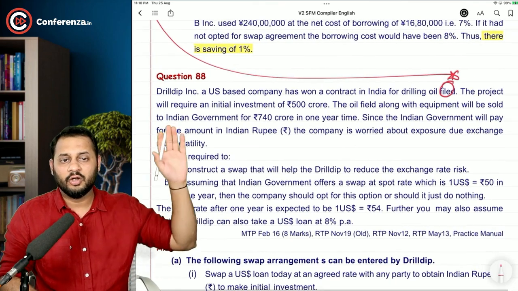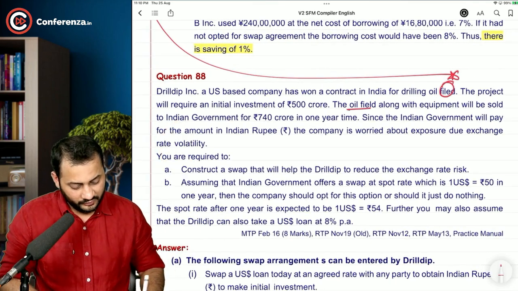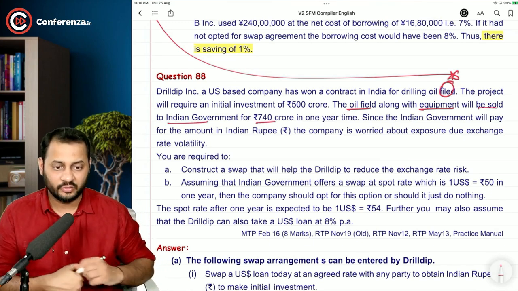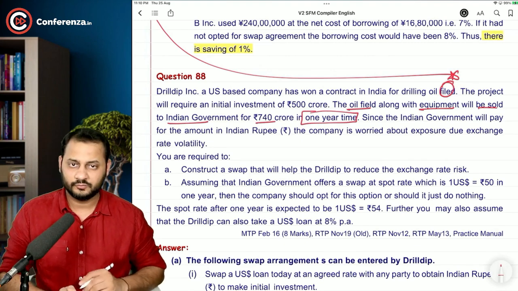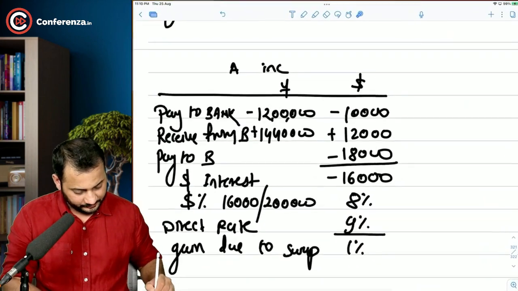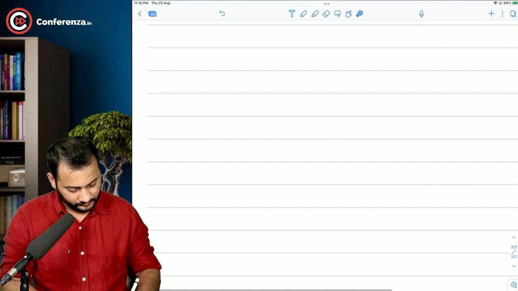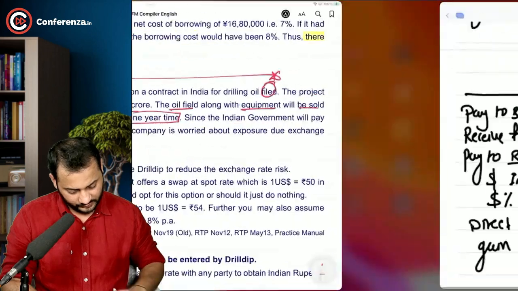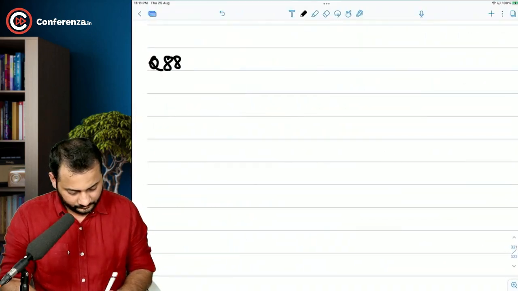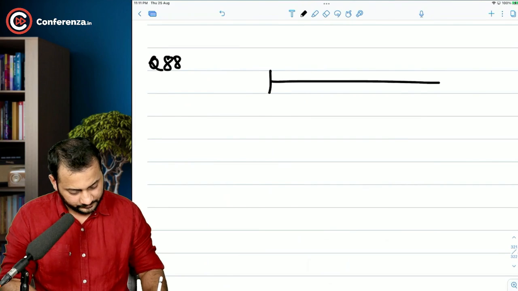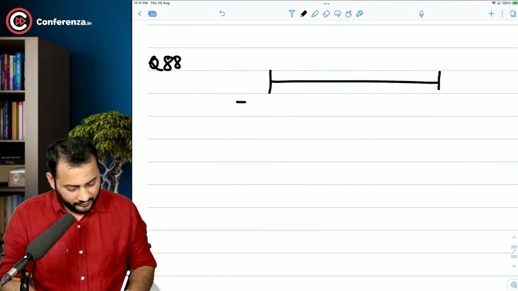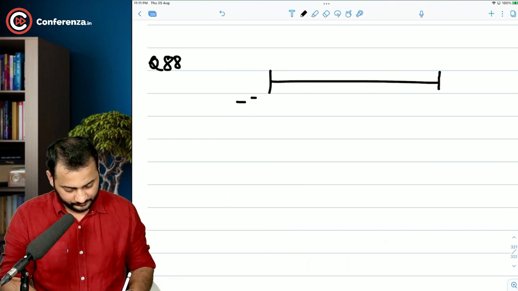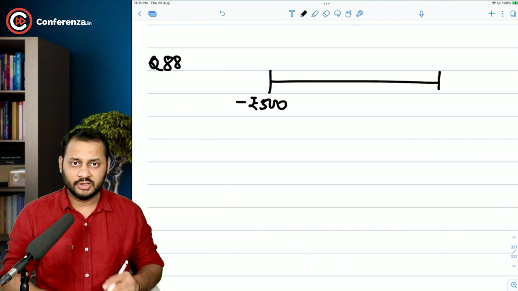The oil field along with equipment will be sold to the Indian government at 740 crore in 1 year time. Okay. So the transaction is like this. Question number 88. This is the timeline. You will invest 500 crore today in terms of rupees in the oil field.